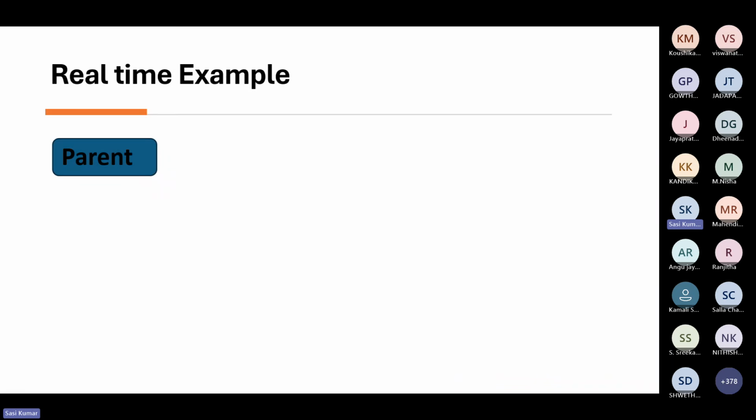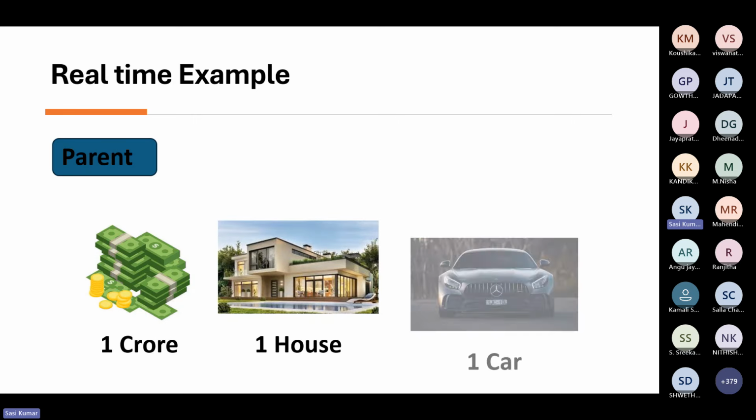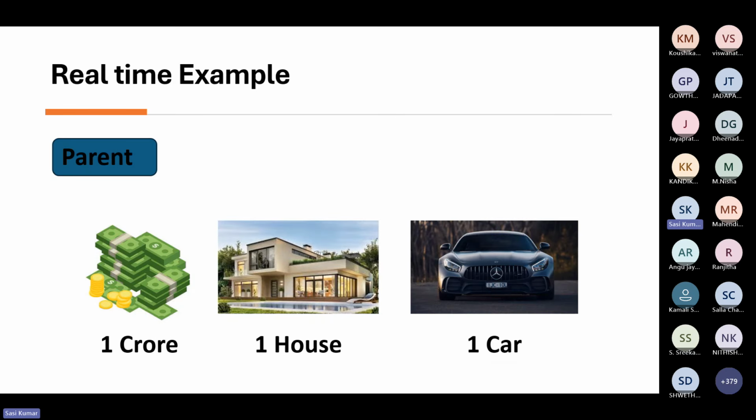Say, for example, your parent has a few properties: one crore rupees in their savings bank account. We really want that, we will be happy if our parents have these things. So consider a parent has one crore rupees in their savings bank account, one big house, and one BMW car.